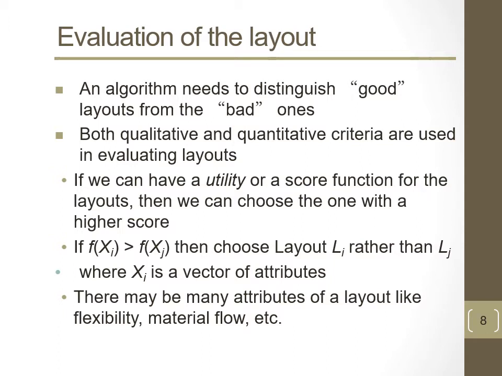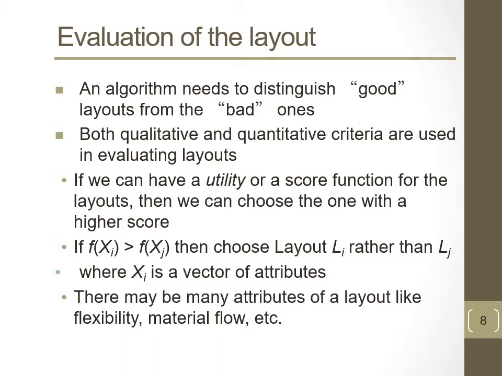We need to evaluate the layouts, and as we said, we can use qualitative or quantitative criteria. When we talk about these quantitative criteria, we basically can calculate a score function or a utility for the layouts, and we can choose the layout with a higher score.